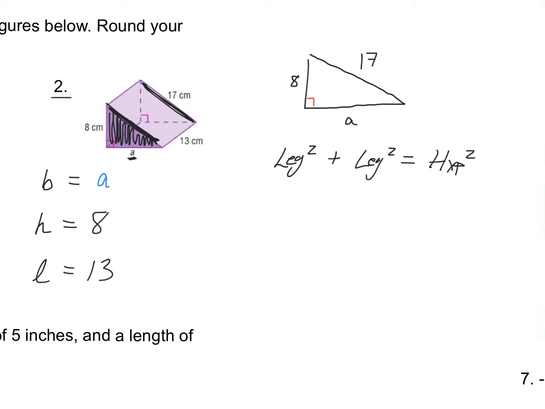So we'll go back and we'll fill in our actual lengths. So my two legs would be 8 and A. And in this case, my hypotenuse is going to be 17.